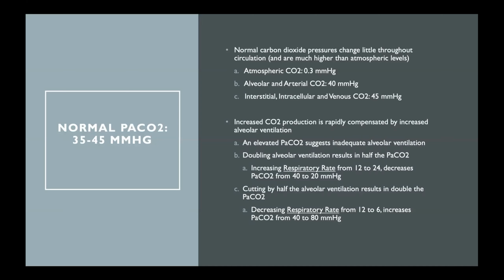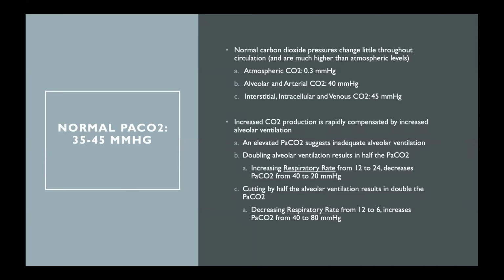So we consider that carbon dioxide diffuses in the lung promptly, so there's no problem. Interstitial, intracellular and venous carbon dioxide is 45. Increased carbon dioxide production is rapidly compensated by increased alveolar ventilation, so the carbon dioxide will wash out very quickly.